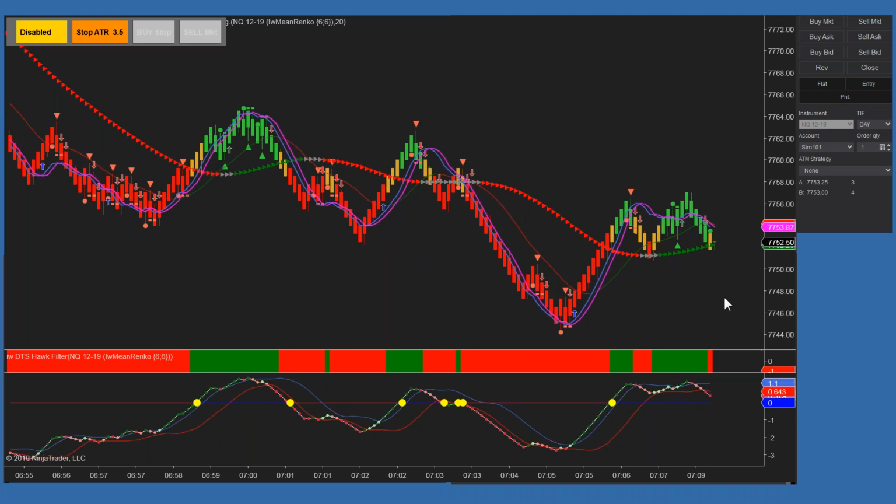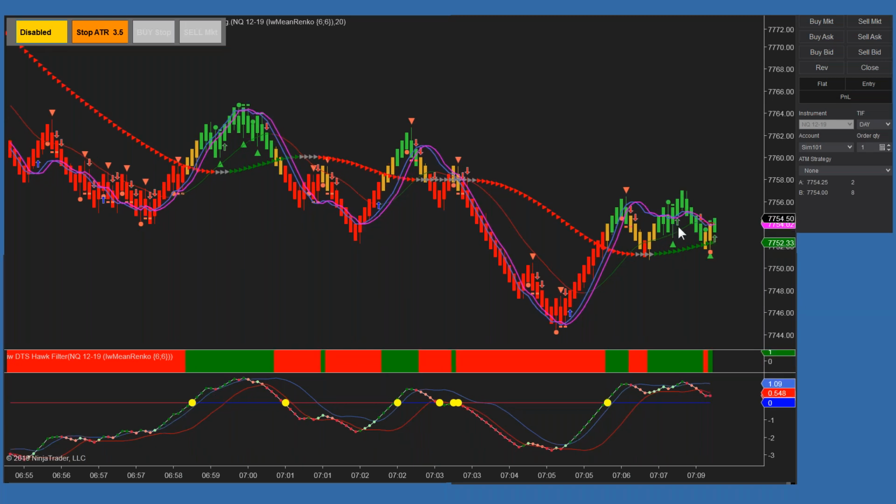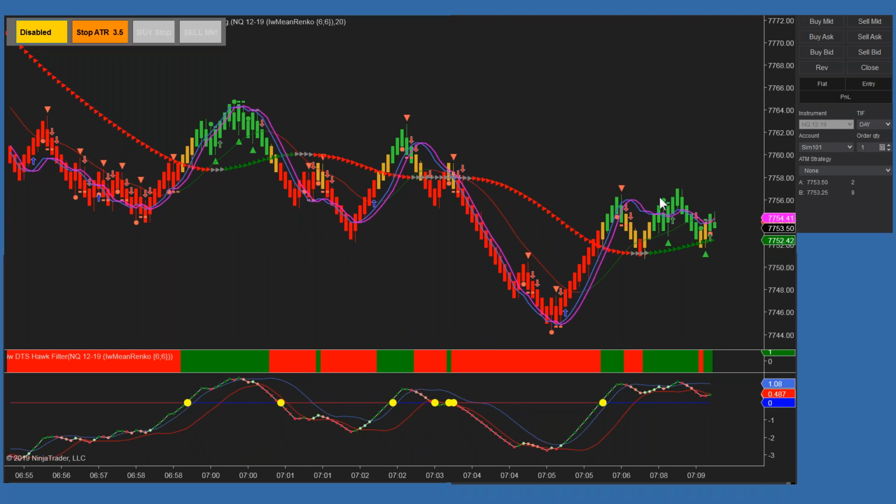Okay, well, here was an instance where the linear regression was actually opposed to the first micro macro cross signal, which tends to be a very, very high probability signal on the hawk. Did not confirm the buy signal at that point.